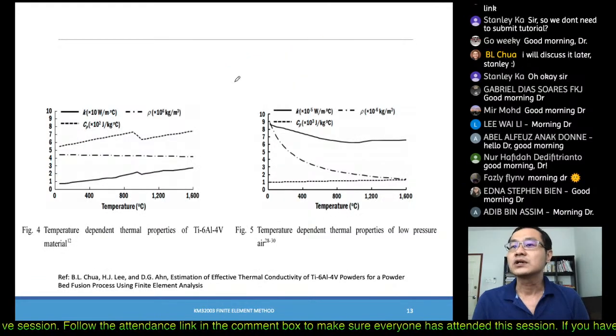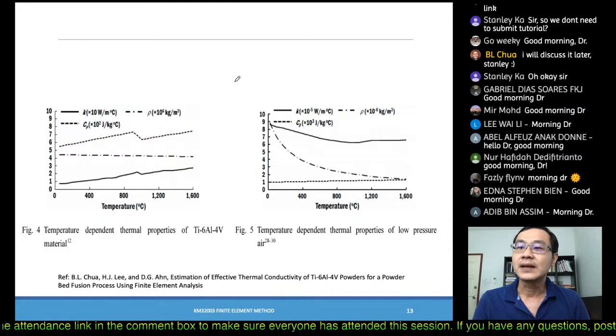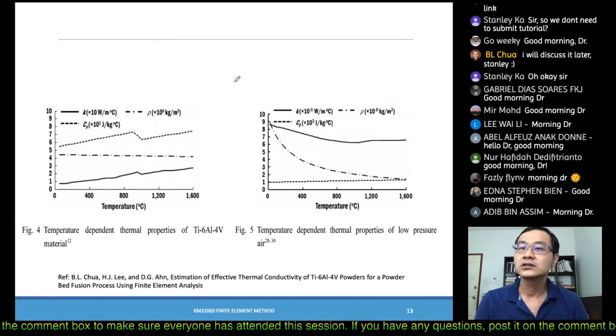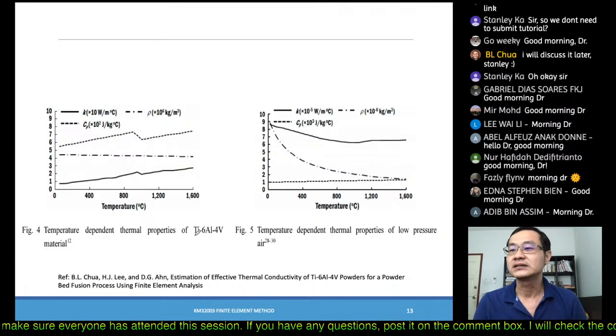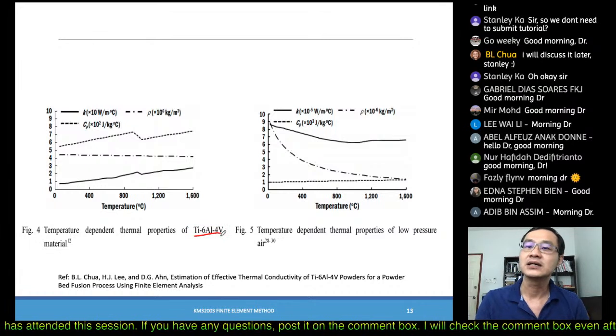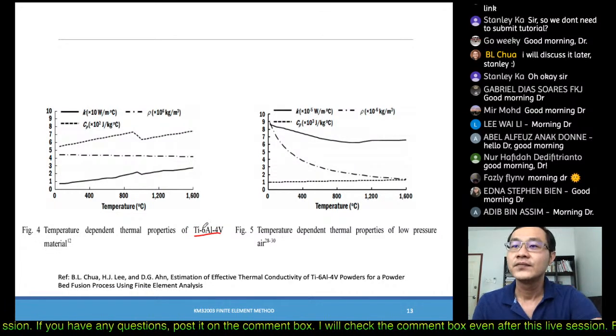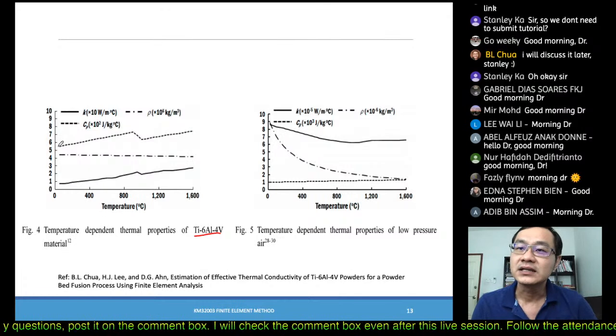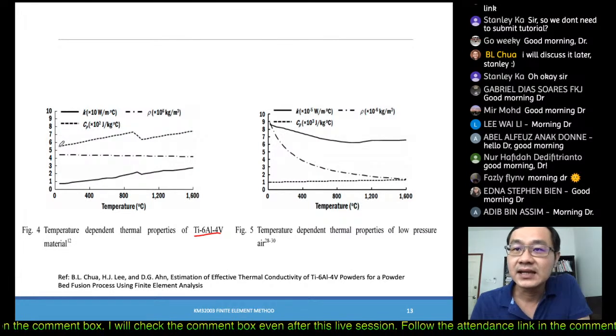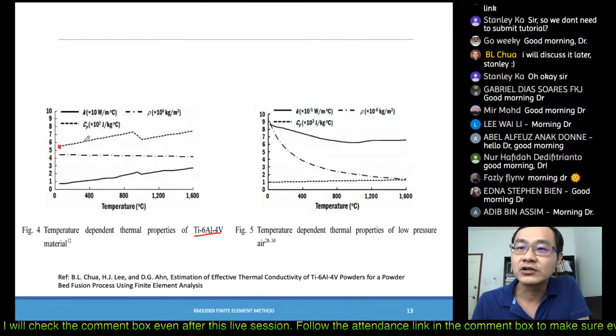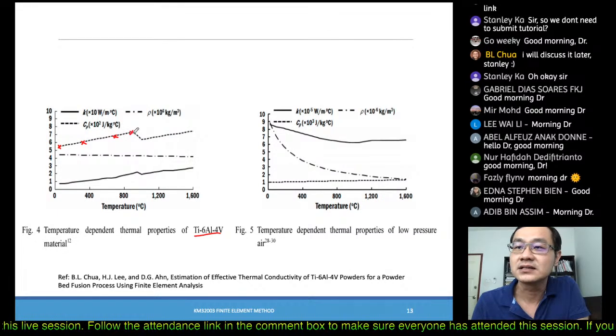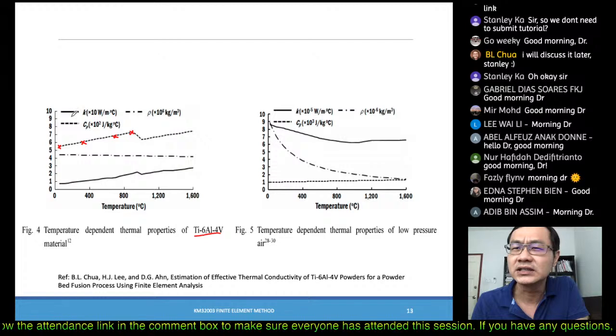So this is an example of the temperature dependent thermal property of titanium 64, a titanium alloy. You can see that in the real experimental data itself, it could be several points only. Let's say this is the point for thermal conductivity, the solid line.